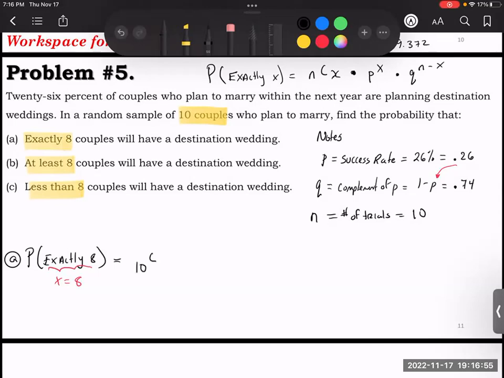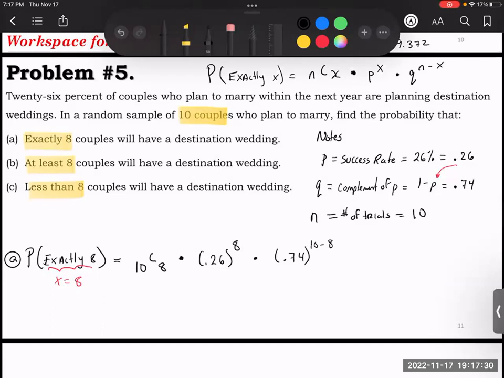You get 10 choose 8 times the value of p, which was 0.26, raised to the 8th power, times 0.74, the value of q, raised to the power of N minus X. So if N is 10 and X is 8, what's 10 minus 8? 2.